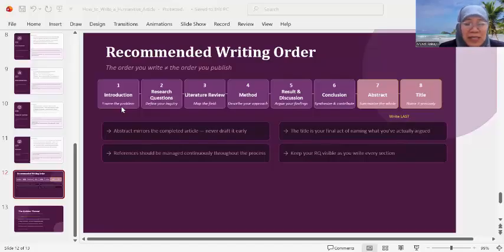References should be managed continuously throughout the process. So do not do the references only at the last part, but from the beginning you have to decide which reference style you apply, and then keep your research question visible.